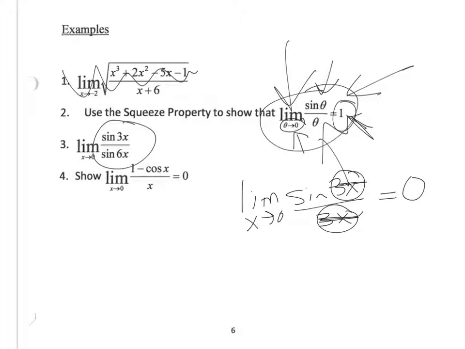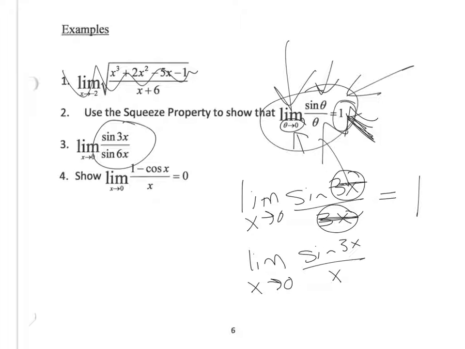We just got done saying it's 1. That is 1, like it just says up here. Now, what if I have the limit as x goes to 0 of sine of 3x over x?